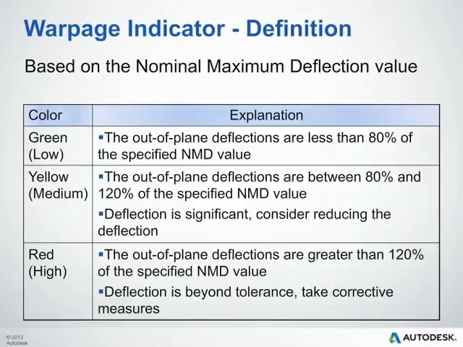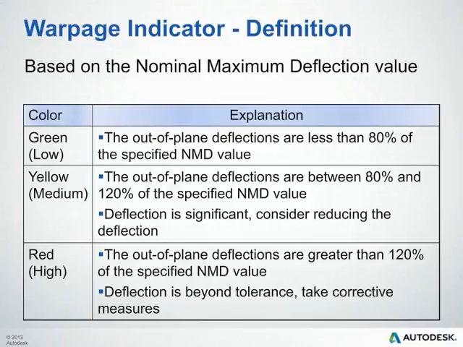When we were looking at some of the plots before for the anchor plane and the best fit, you're probably wondering where these red, green, and yellow areas came from. They're based off the nominal maximum deflection value that you specify in that tool's menu. Anything shown in green means that your out-of-plane deflections are less than 80% of that value you specified.